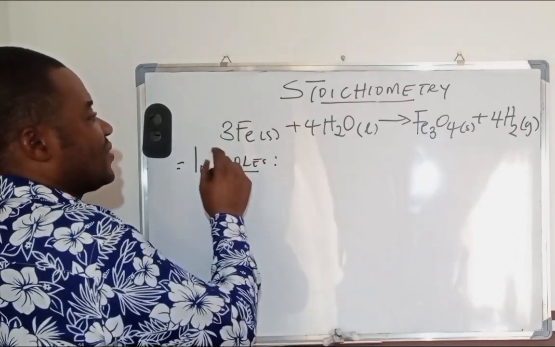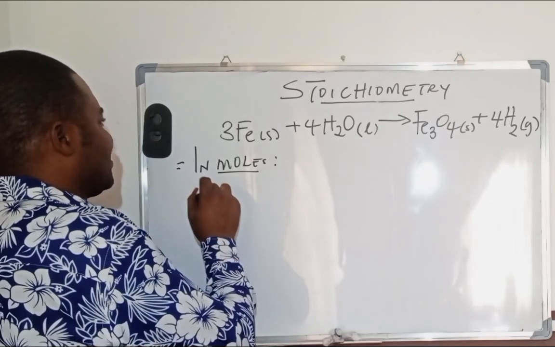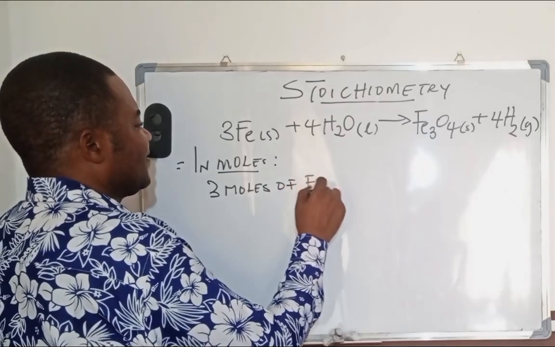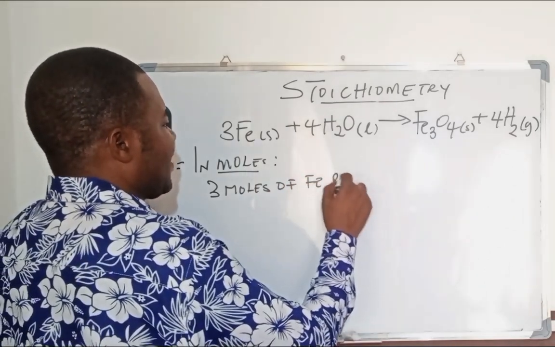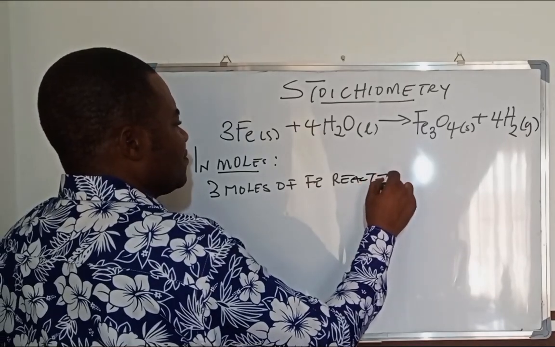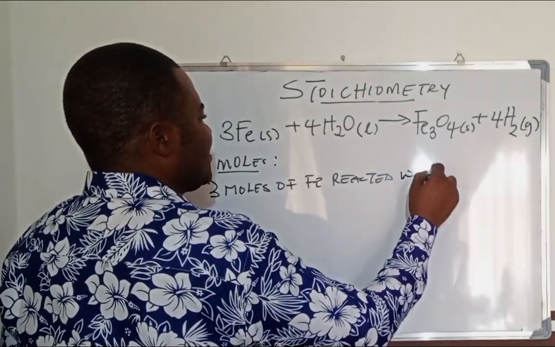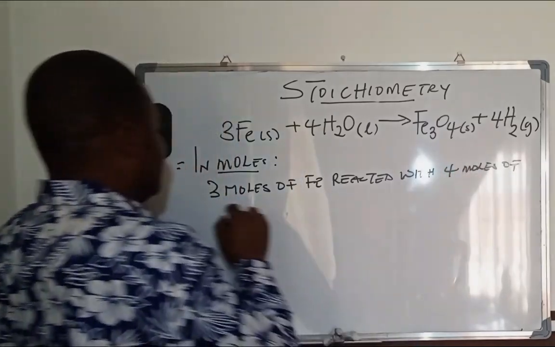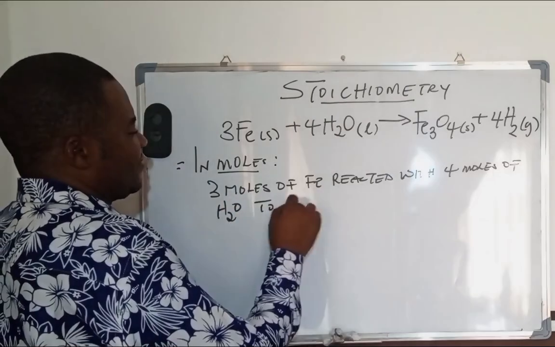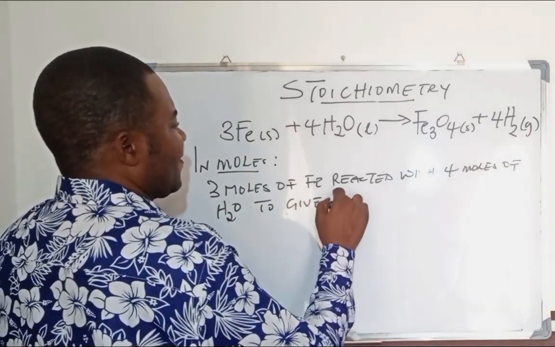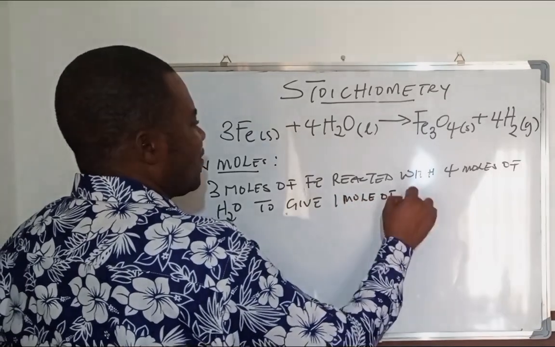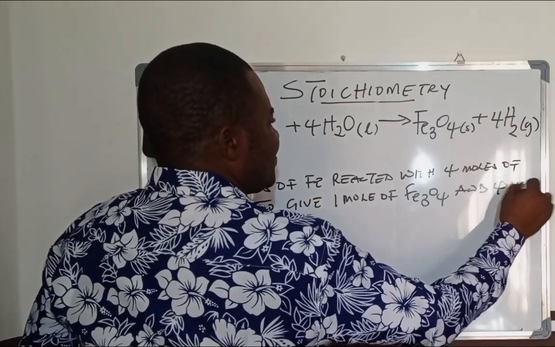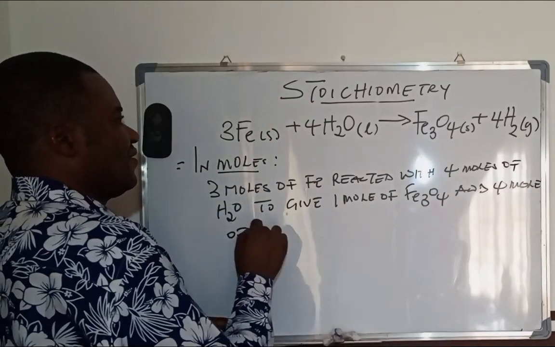Now, I want us to know that the interpretation of this reaction is that 3 moles of iron reacted with 4 moles of water to give 1 mole of iron 3 oxide and 4 moles of hydrogen.